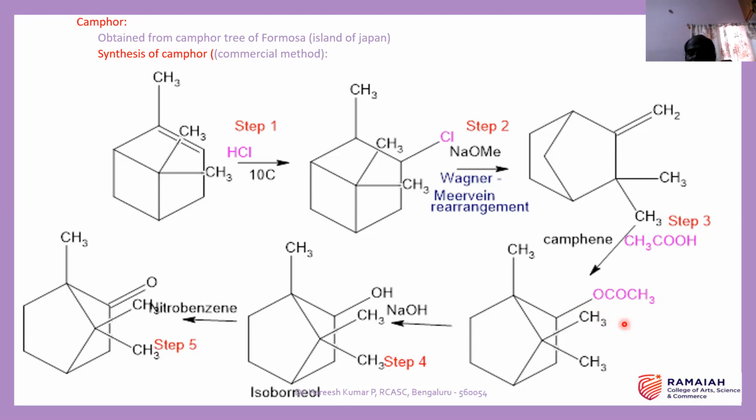This acetoxy derivative undergoes hydrolysis, giving rise to isoborneol. This isoborneol on oxidation with the oxidizing agent nitrobenzene gives camphor. So this is the commercial method of synthesis of camphor.